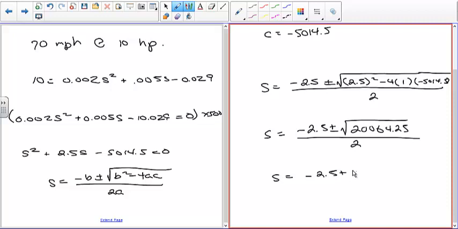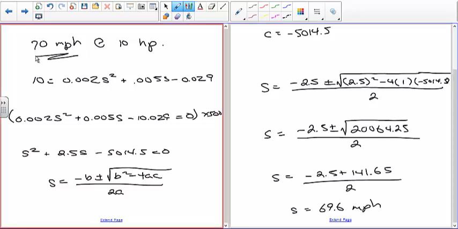We're going to take the plus because we don't want to be going backwards. It doesn't really apply to negative speed anyway. So 141.65 minus 2.5, divided by 2, is 69.6 miles per hour. That's pretty close to what I got from the graph.